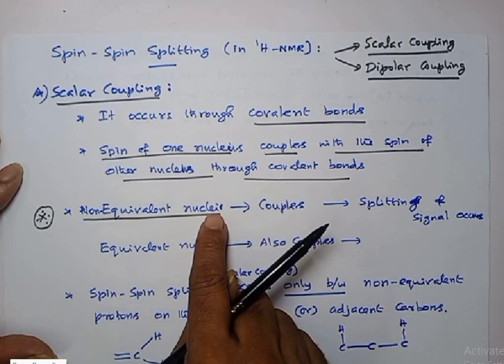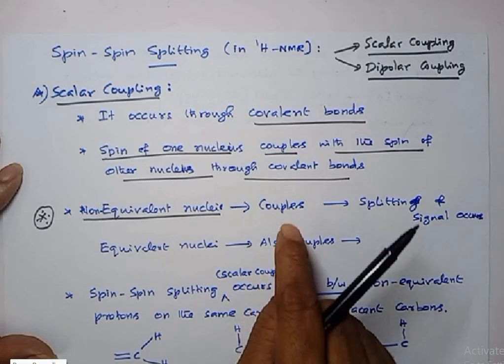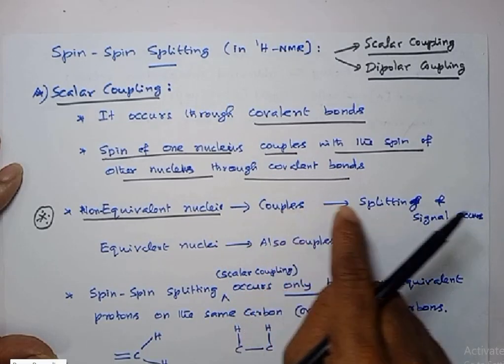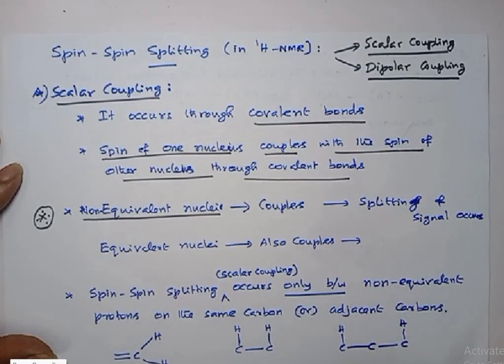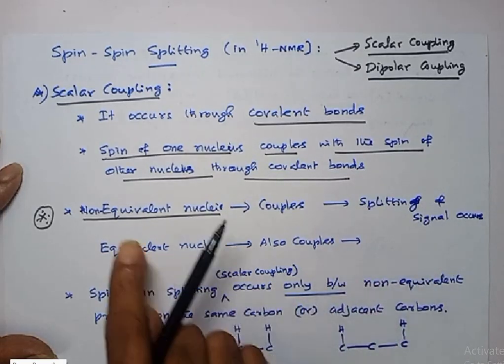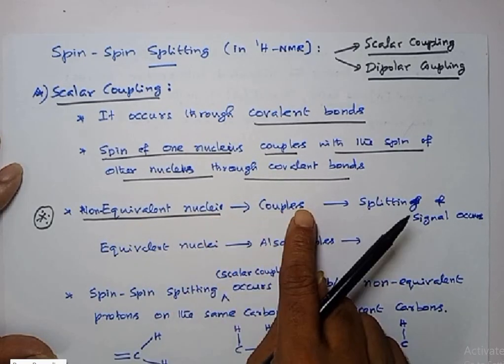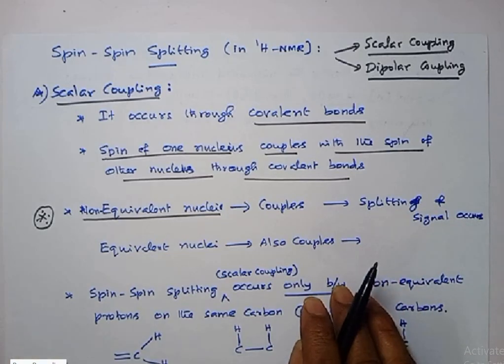Non-equivalent nuclei couple, they interact. This coupling may lead to splitting of the signal. This is what we call scalar coupling. Non-equivalent nuclei couple so that splitting of signal occurs.